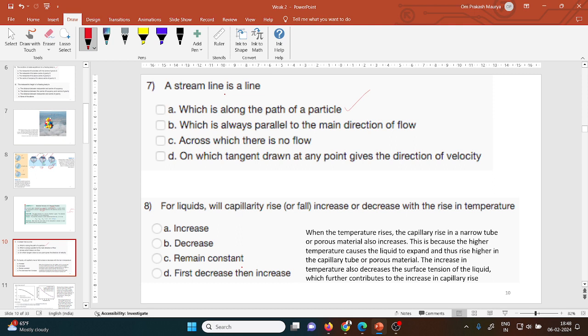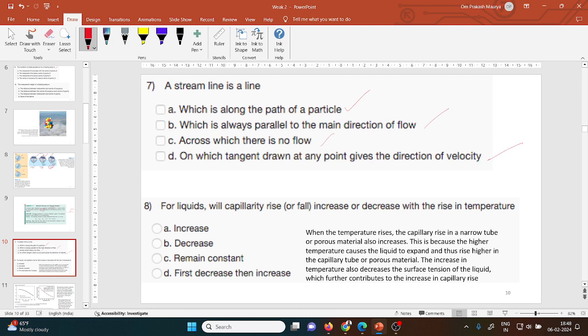A streamline is a line along the path of a particle, always parallel to the main direction of flow, across which there is no flow, and the tangent drawn at any point gives the direction of velocity.